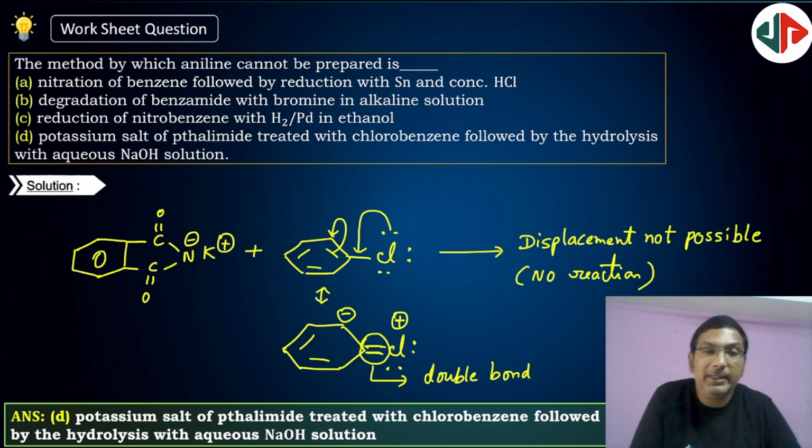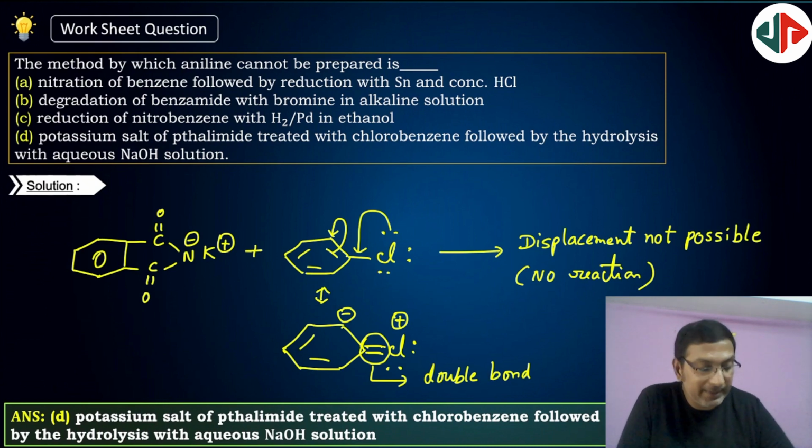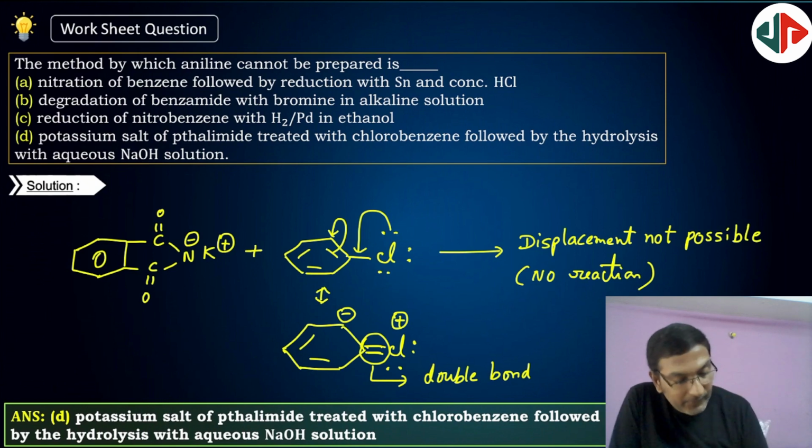Therefore displacement is not possible. Therefore the phthalimide ion cannot attack the carbon atom carrying chlorine. By this method, aromatic primary amines cannot be prepared by Gabriel phthalimide synthesis. This is Gabriel phthalimide synthesis.